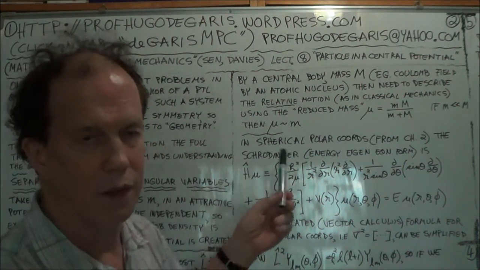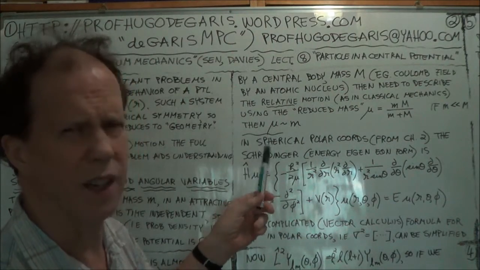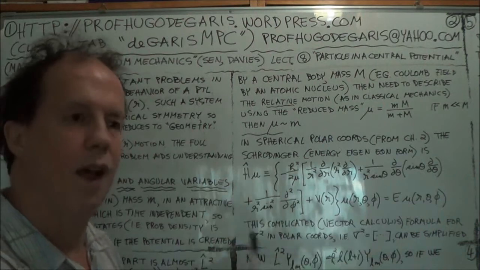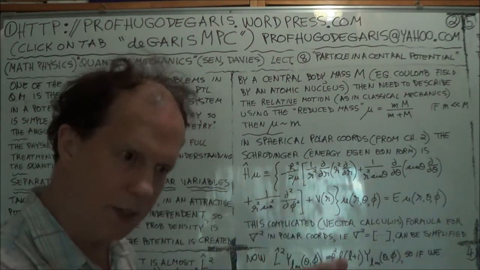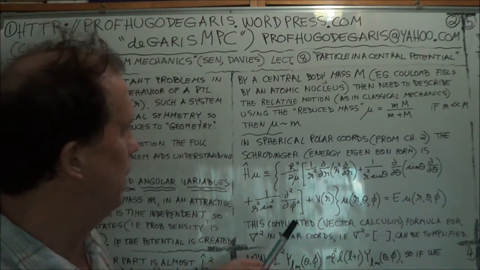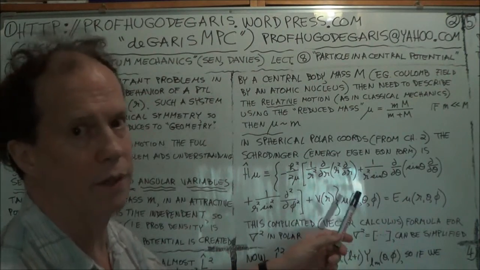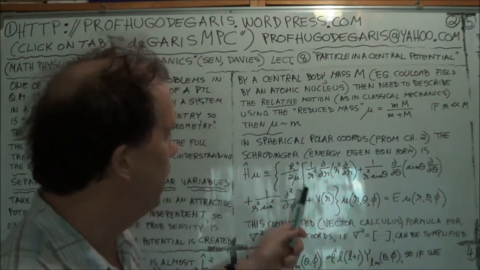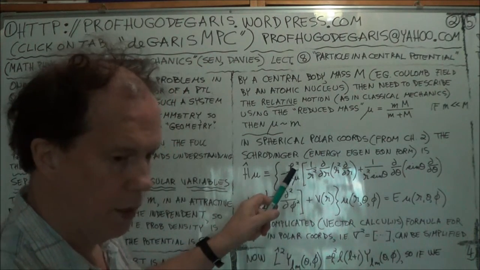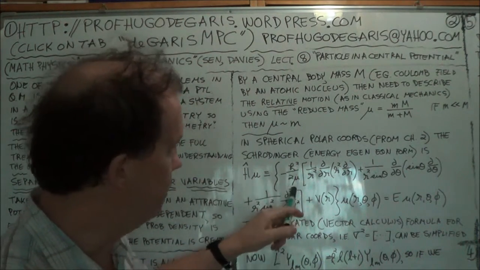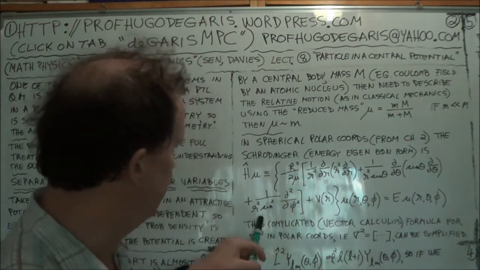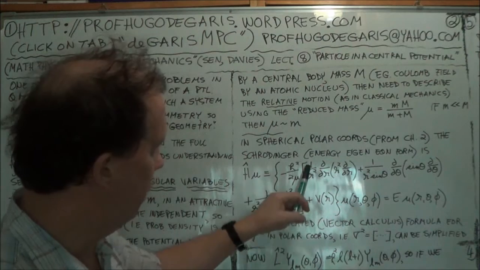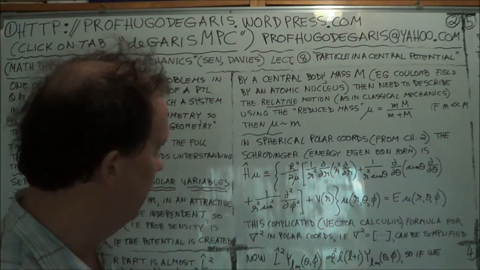Maybe I've got a missing i h bar d psi by dt. Well, in the time independent form, it's like this, right? And that del squared from vector calculus is all the stuff in the square bracket. That's your del squared.